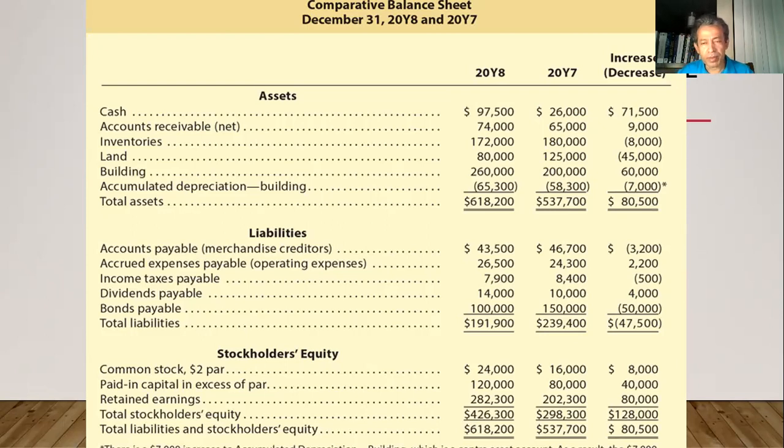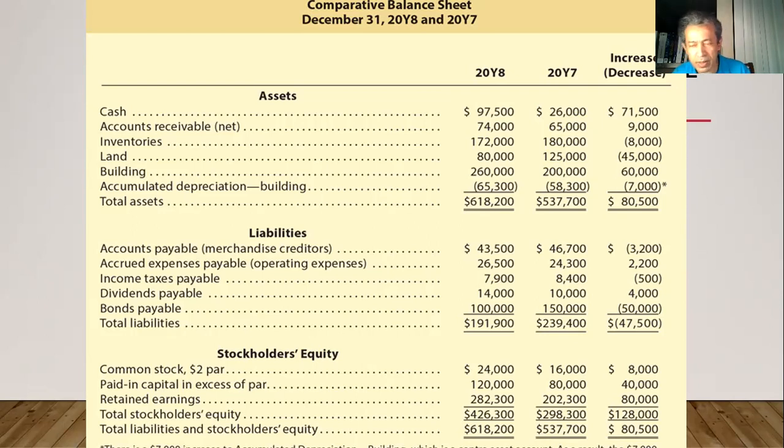Accounts payable has gone down, so minus decrease in accounts payable, $3,200.